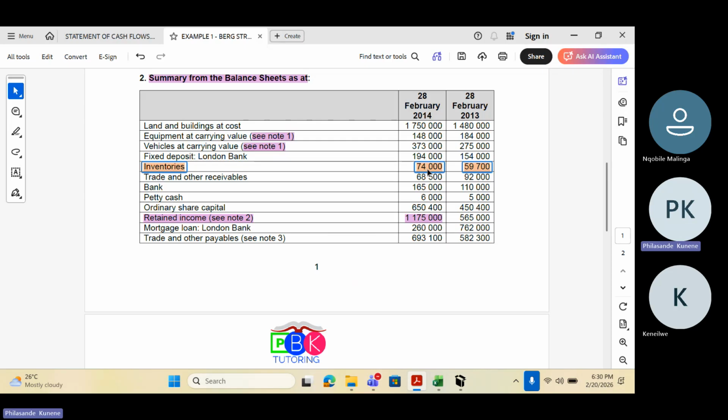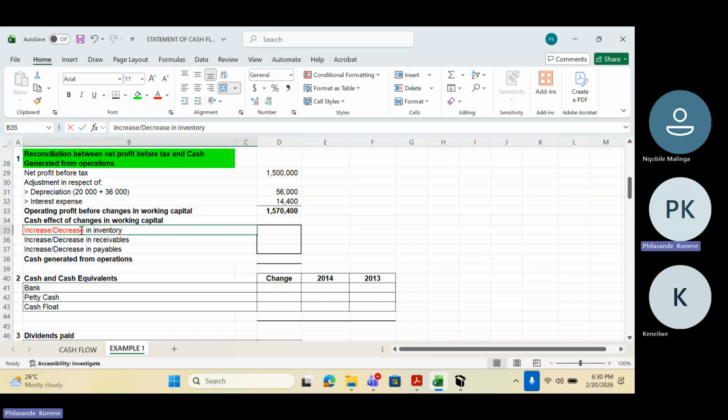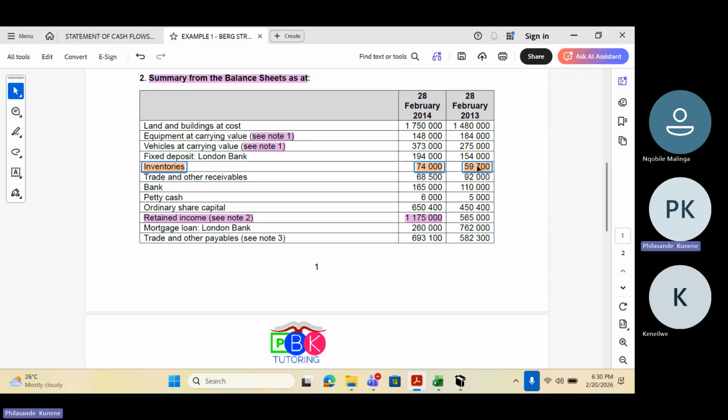Did the inventory increase or decrease? It is an increase, yes, very good. So I need to remove decrease here, which means we had an increase in inventory, from 59,700 to 74,000.